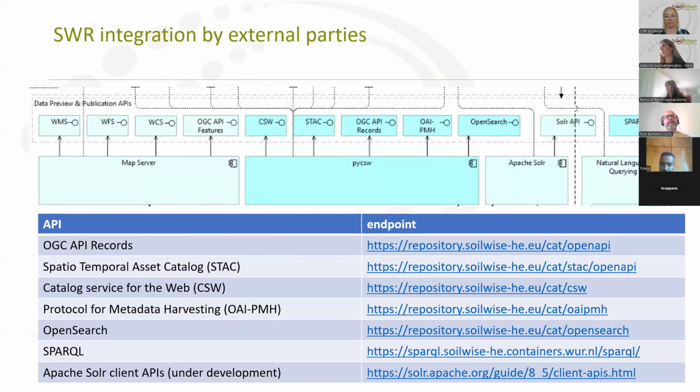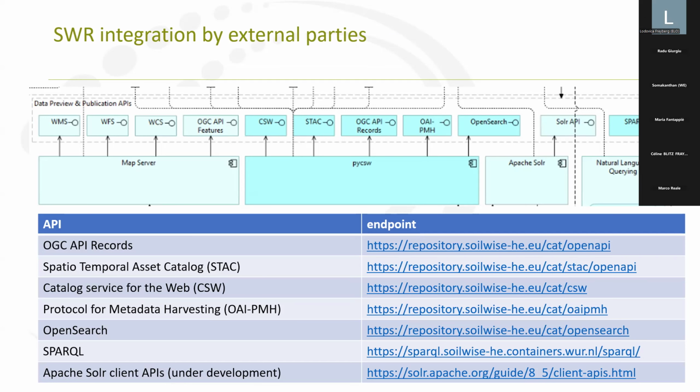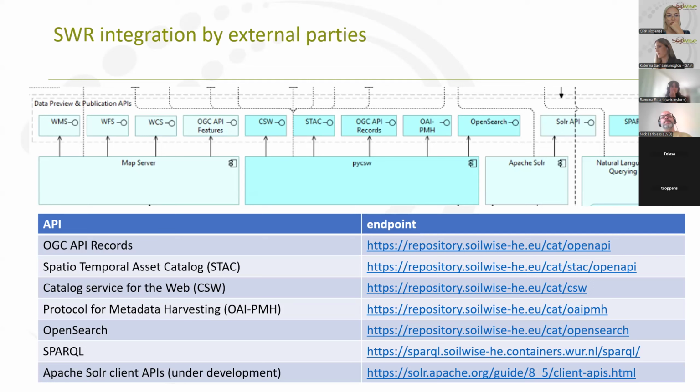Because we provide a certain number of APIs that can be used by external partners. So we have several APIs that we are providing through a module, the ICSW, and this provides mostly spatial APIs. We also have a knowledge graph, a graph where you can use more the RDF or the linked open data type. So this is the SPARQL endpoint, which you can also use and gain our information.